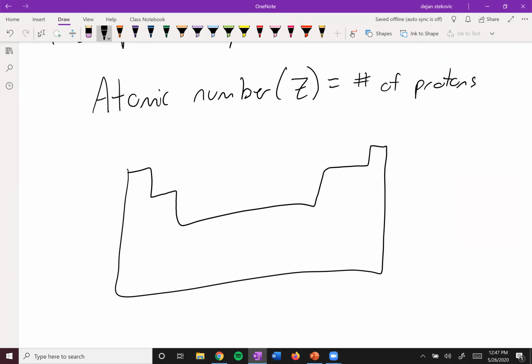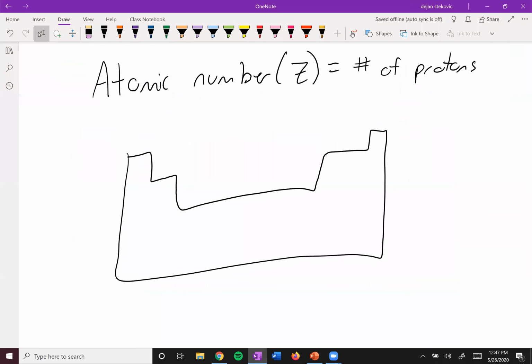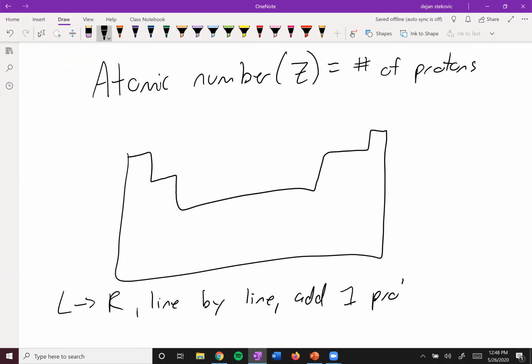So when we're reading this periodic table left to right, line by line, we add one proton to the nucleus to change its identity. So when reading this left to right, line by line, add one proton to change the element.